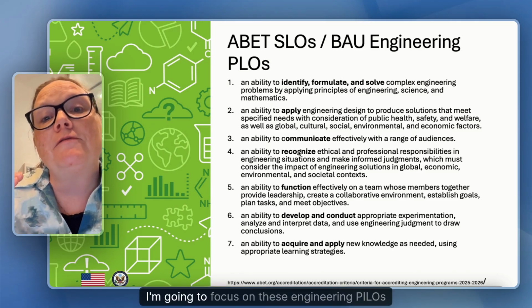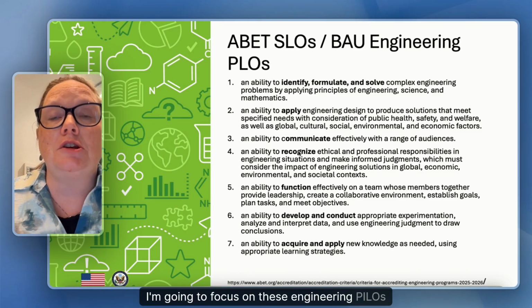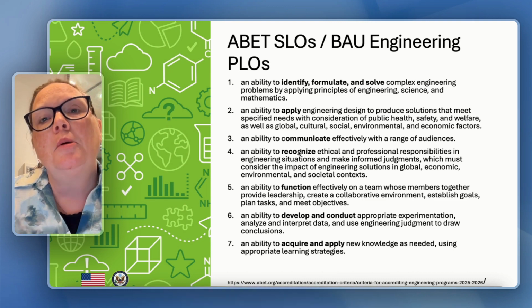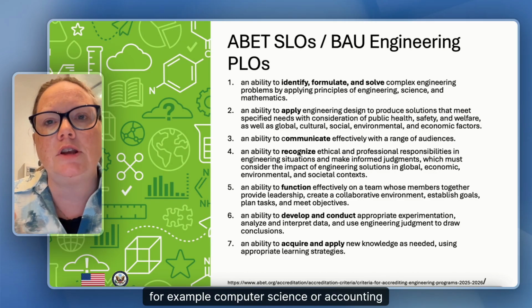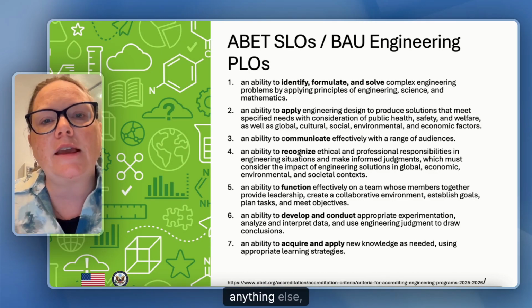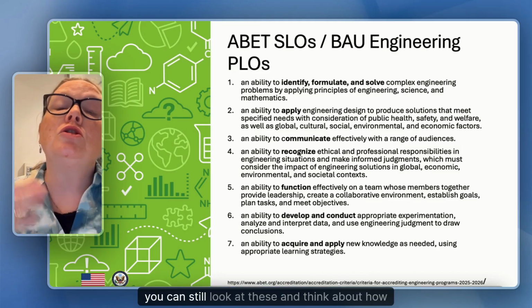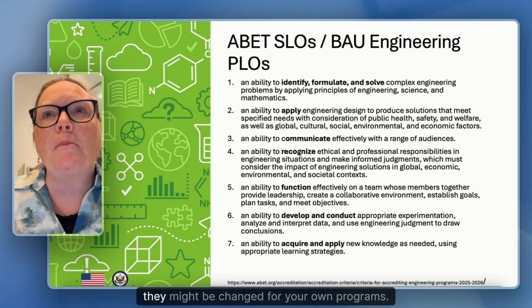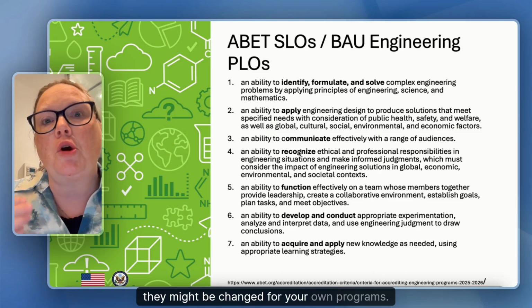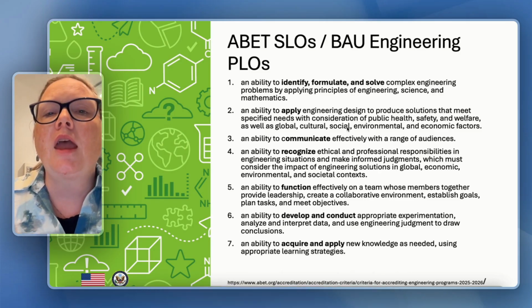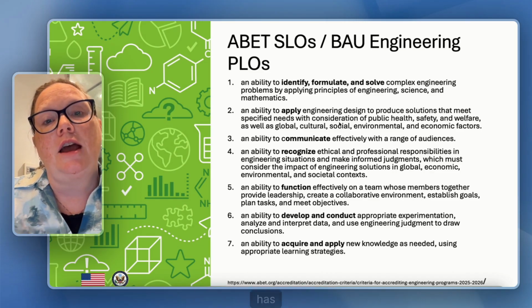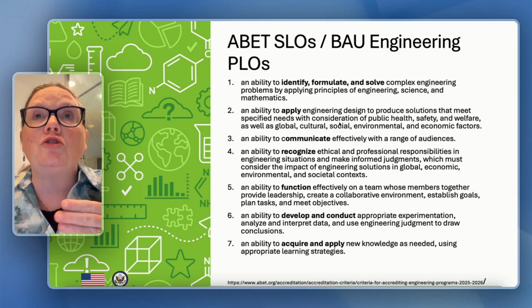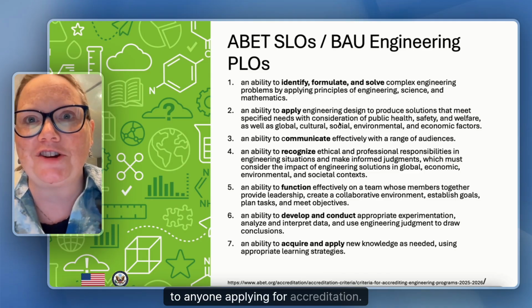Now, I'm going to focus on these engineering PILOs, but if you are in another program, for example, computer science or accounting or anything else, you can still look at these and think about how they might be changed for your own programs. Now, ABET, the accreditation agency, has given these to anyone applying for accreditation.